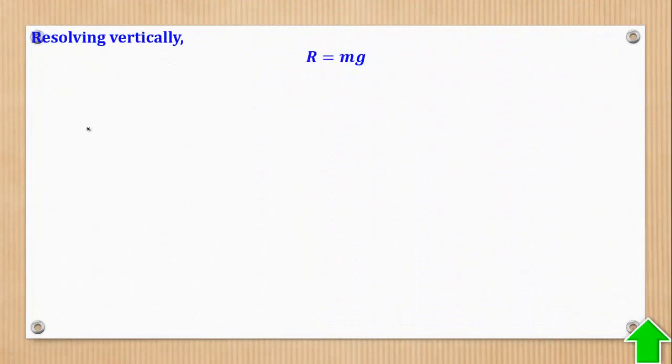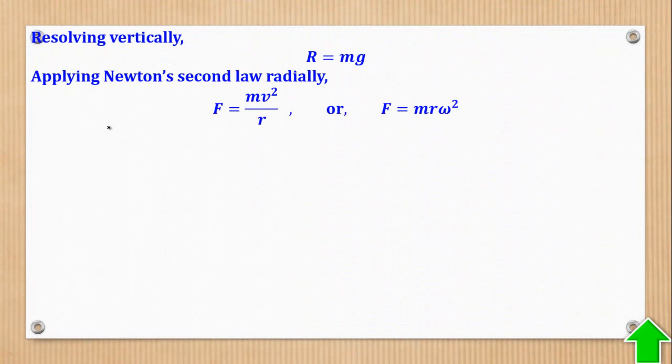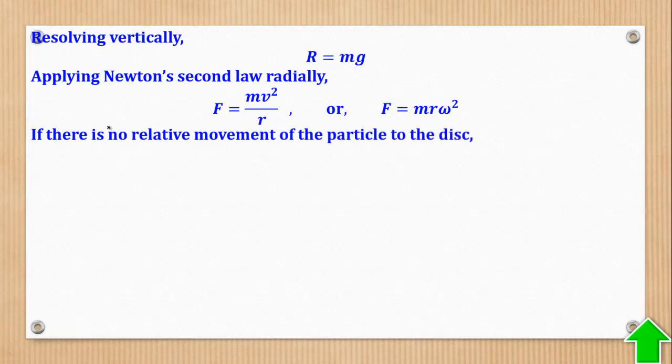So resolving vertically, we shall come up with that. Then applying Newton's law radially, F provides the necessary centripetal force. So there are two formulas. If there is no relative movement of the particle to the disk, what will happen? It means that friction is smaller than mu R, which is its maximum value.